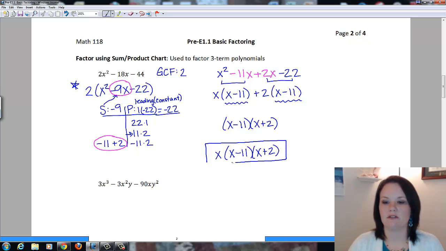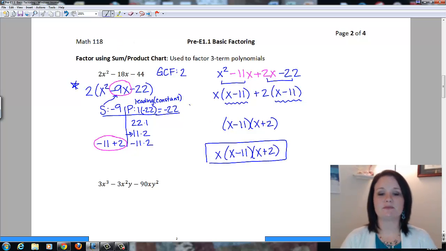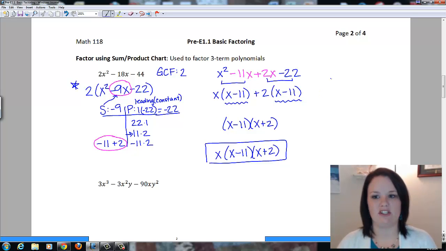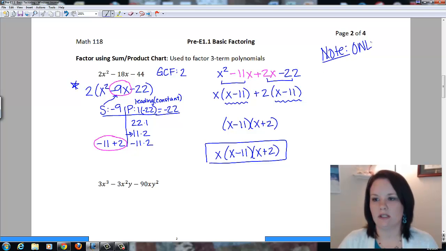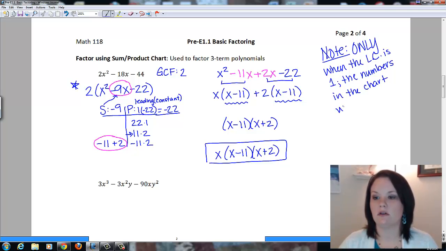That's my final answer. So the shortcut I wanted to show you only works when the leading coefficient is 1. So I'm just going to put a note over here. Okay, only when the leading coefficient is 1, the numbers in the chart will be the numbers in the factored quantities.